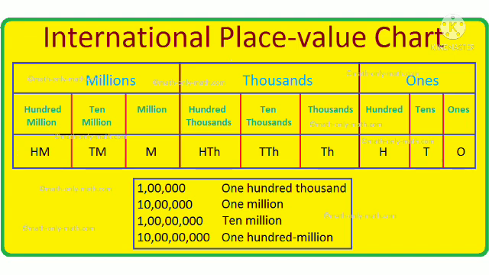But in the international place value system, numbers up to 5 digits are read in the same way, but after 5 digits there is a difference. So let us see the difference between the Indian system of numeration and the international system of numeration.